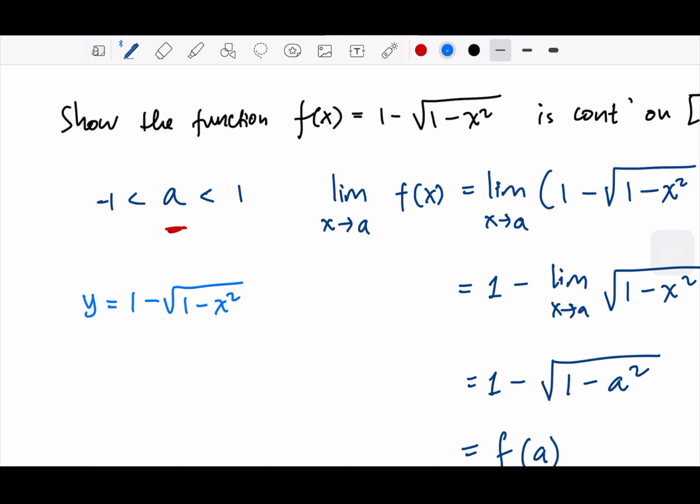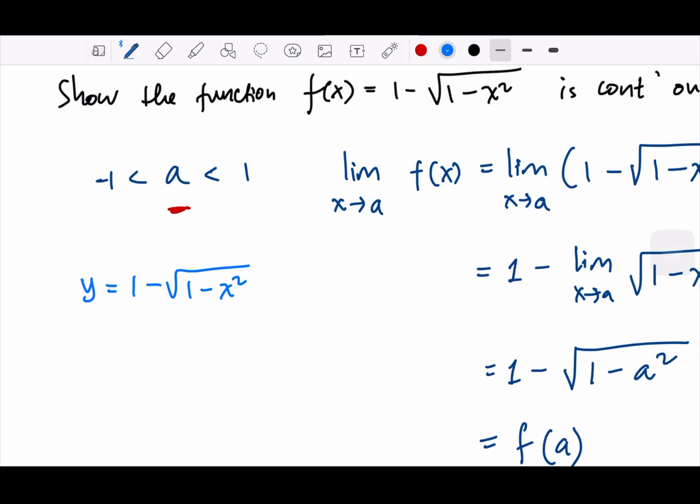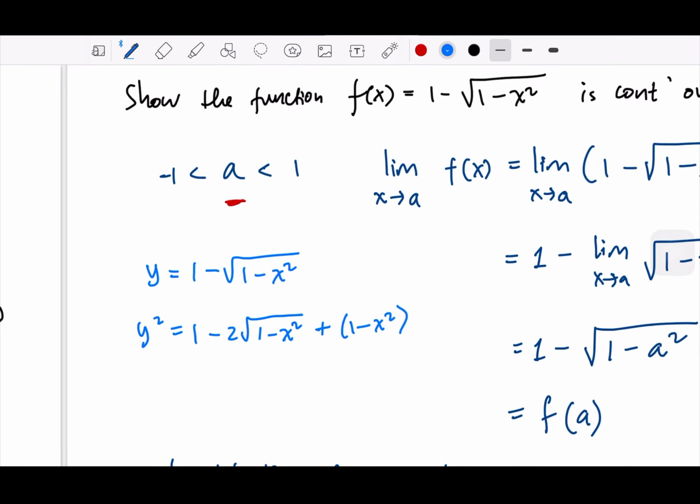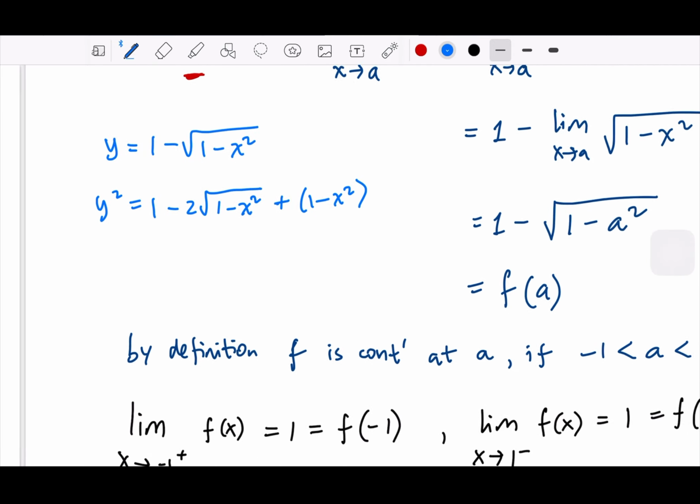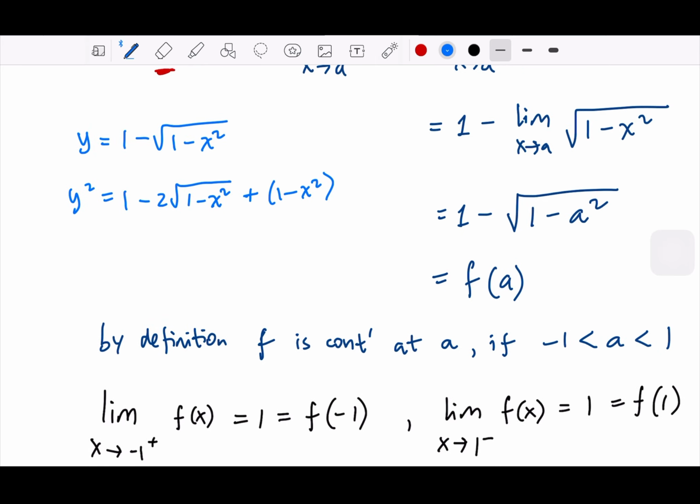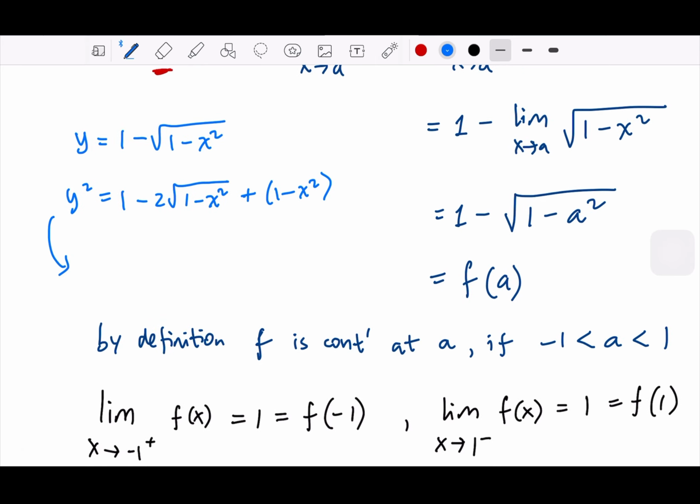If I square this, it will be a circle equation, right? It will be a semicircle, and then you can solve this if you want.